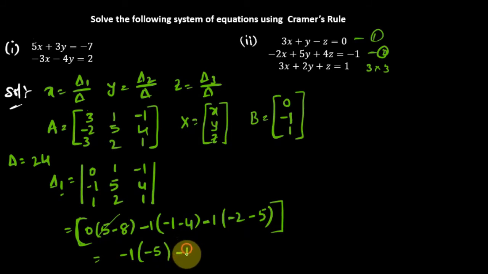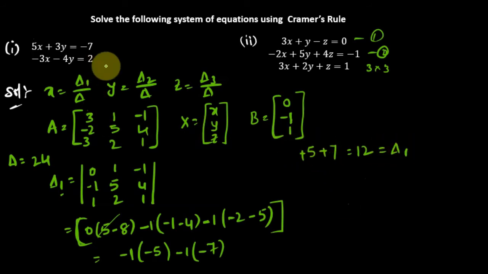Similarly, minus 1 into minus 2 and minus 5, again total is minus 7. So if you multiply this, you will get minus 5 into minus 5 is plus 5, and here also plus 7. So in total you will get plus 12. So this is the value of my delta 1.